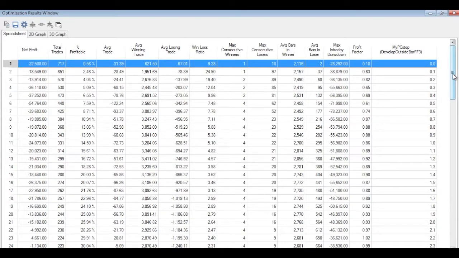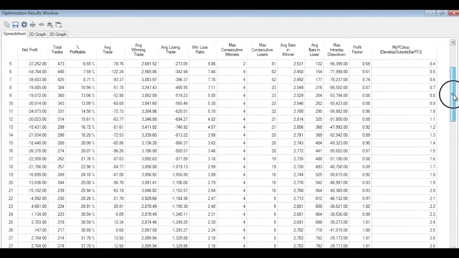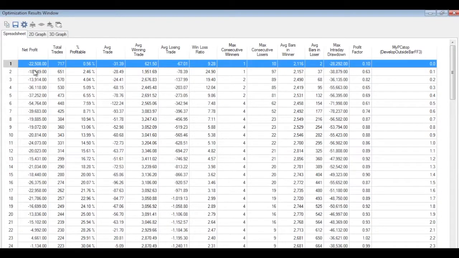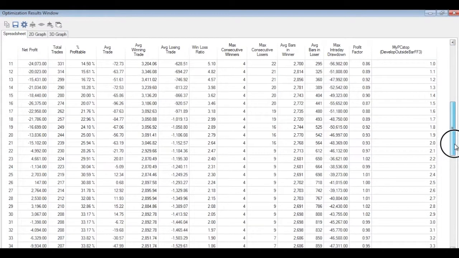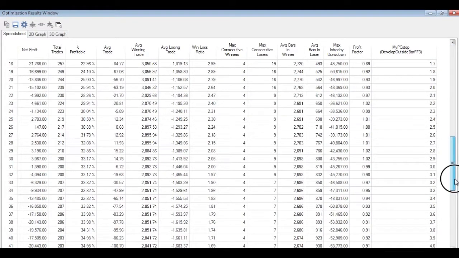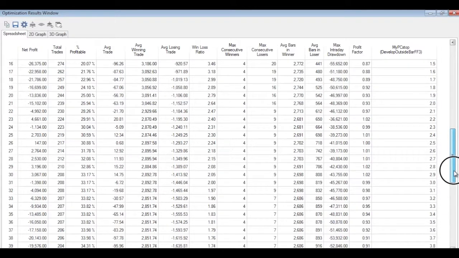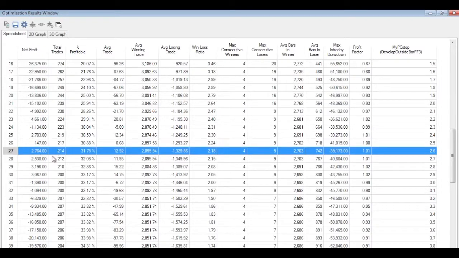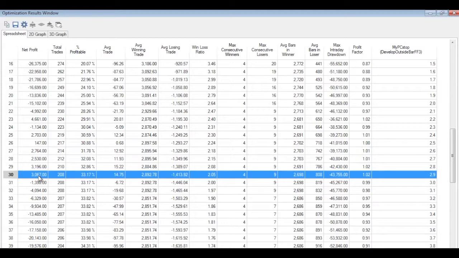And looking through the net profit column, the stable area that I was most happy with started around 2.6 and ended around 2.9.